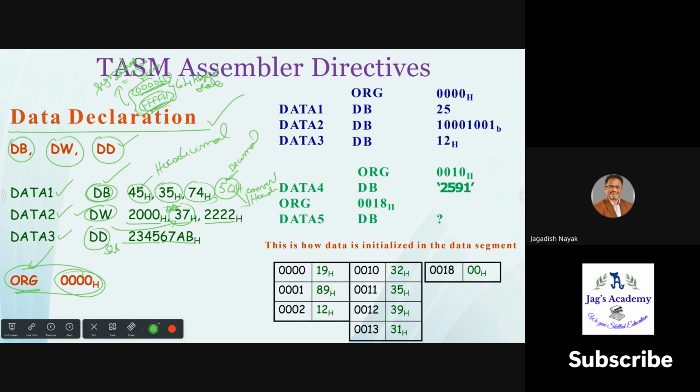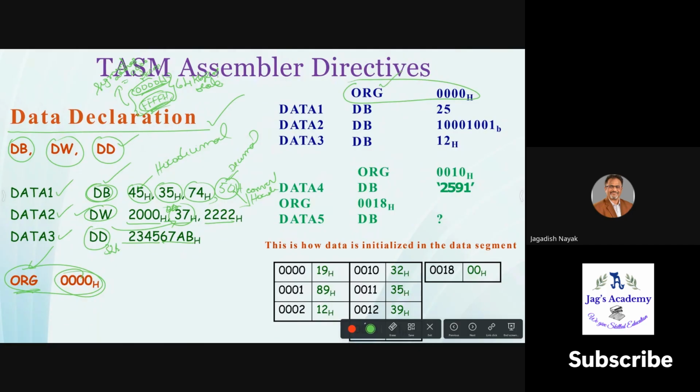This is the instruction which is written first, before the data declaration. So now I will write ORG 0000, which indicates that whatever data you declare after this is stored from the offset address 0000H, and it is stored from that point in continuous locations.